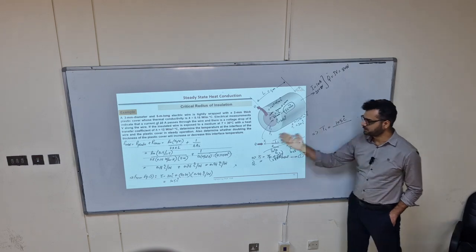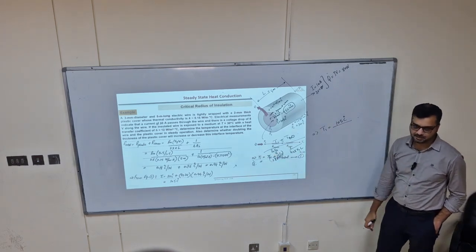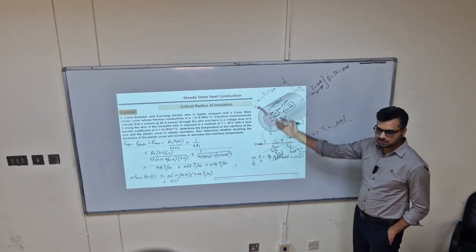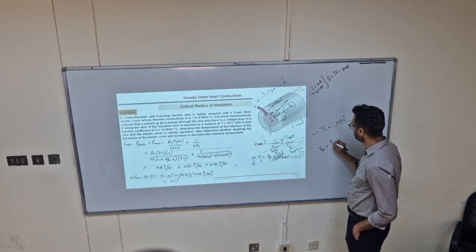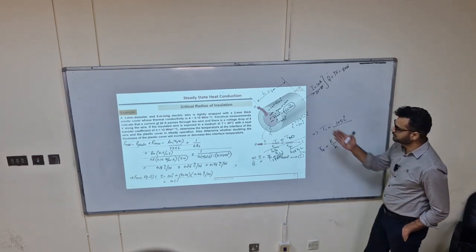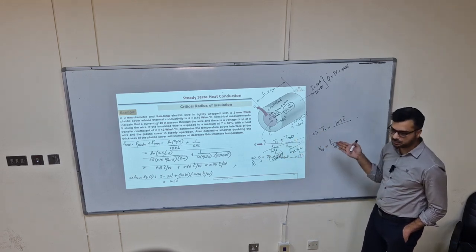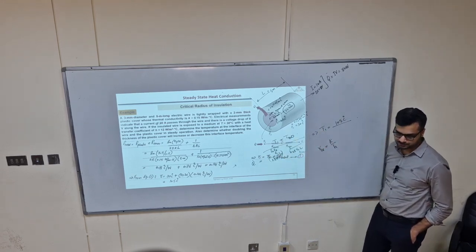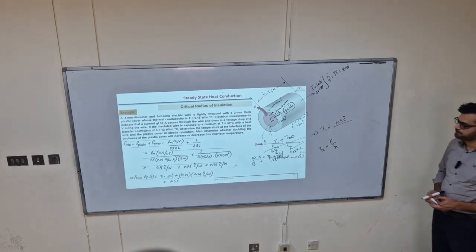We can repeat the same thing to check what is T1. Or, yes, we know R critical is given by K by H. So either just put this new R2 and find out new T1, or just check from here by adding insulation whether temperature will drop or not.